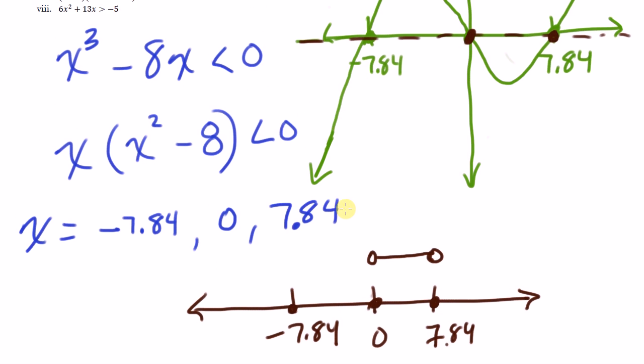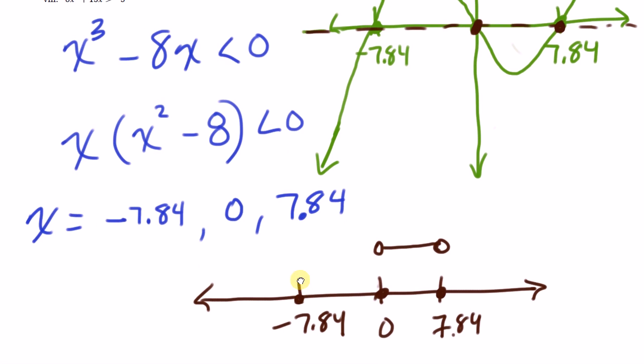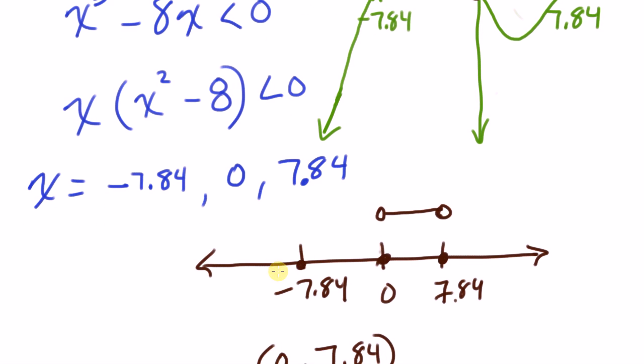Algebraically, after we have our zeros, it's actually easier to graph it once you have your zeros, but algebraically, we can just look at it like this. If you took a really big negative number and squared it, you're going to get a really big positive number, and then take away 8, it's still going to be a really big positive number, times a really big negative number, so you're going to get a negative result.